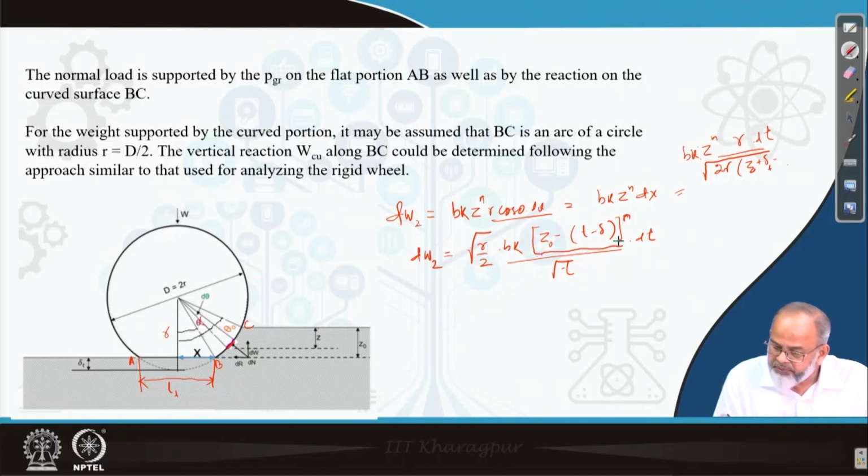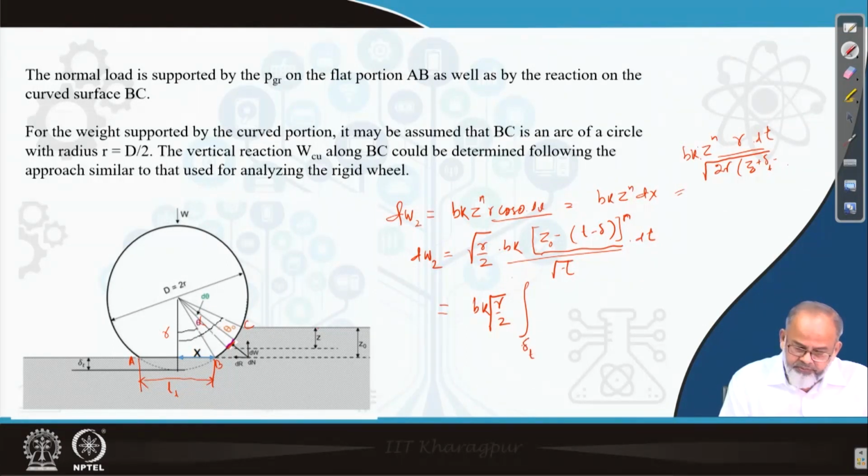Now this term can be expanded binomially, keeping only the first two terms and neglecting the other terms. So this can be finally written as bk square root of r by 2. This has to be integrated from delta t to z0 plus delta t.